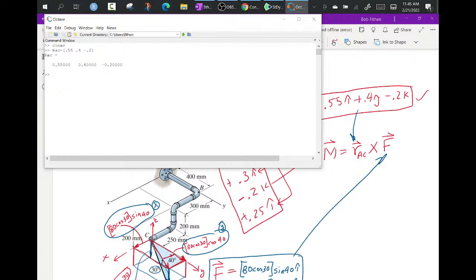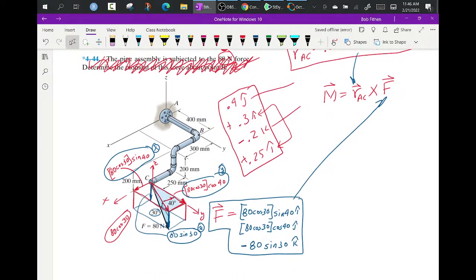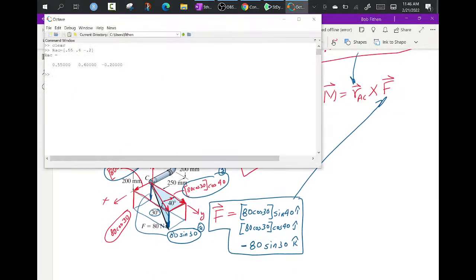Then I can turn around and put in the F. But to do that, I've got to zoom in maybe right here. This one's going to be a little harder because I have a bunch of stuff to put in.